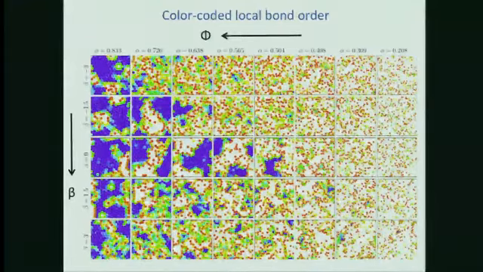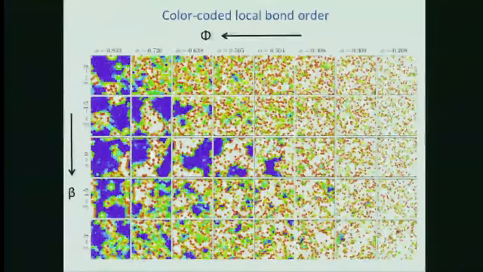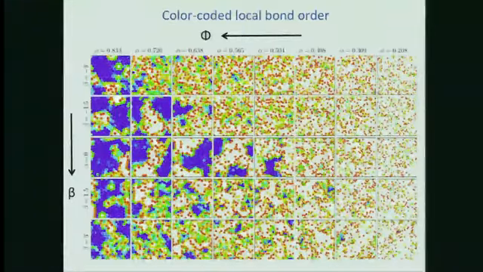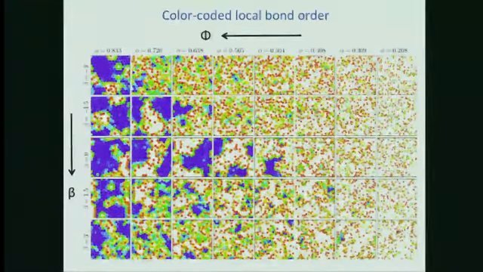So this gives you a summary of our color-coded local bond order. Here's the increasing areal density, and here you increase beta. This is beta equal to 0 with the phase separation, and at large magnitude of beta, you don't see any phase separation.